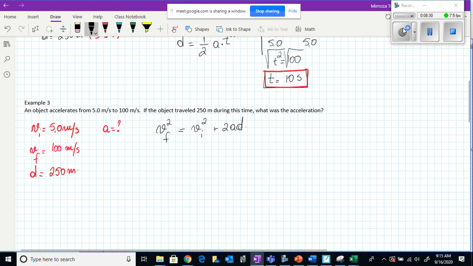Is that right, Nicole? Yes, excellent. So now let's substitute what is given. So we have 100 squared is equal to 5.0 squared plus 2 times a, which we don't know, times 250.